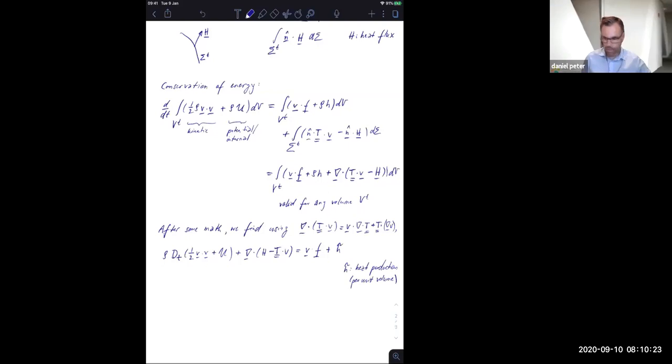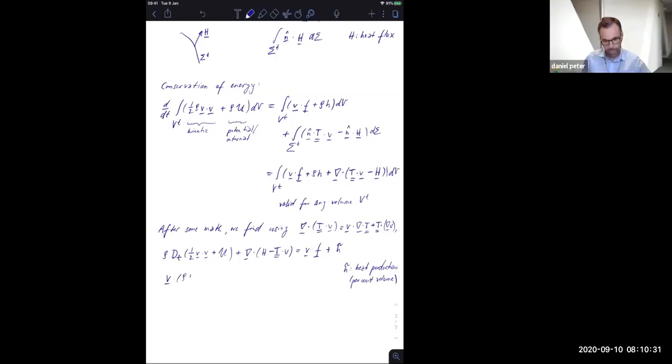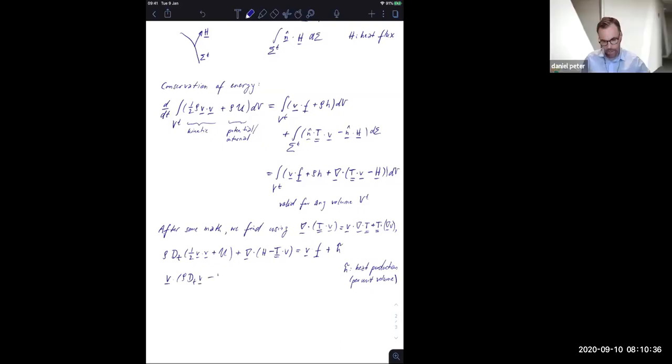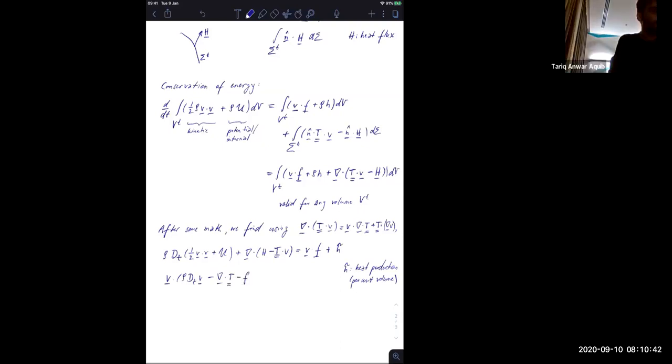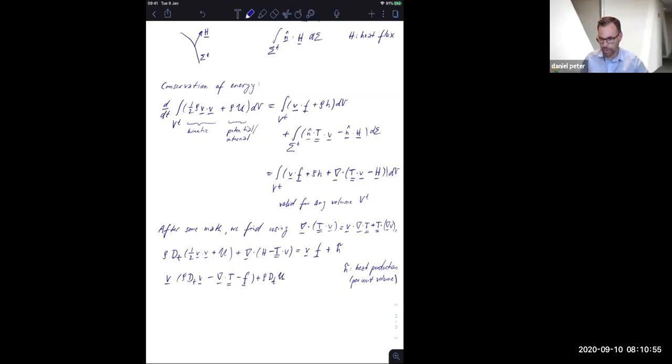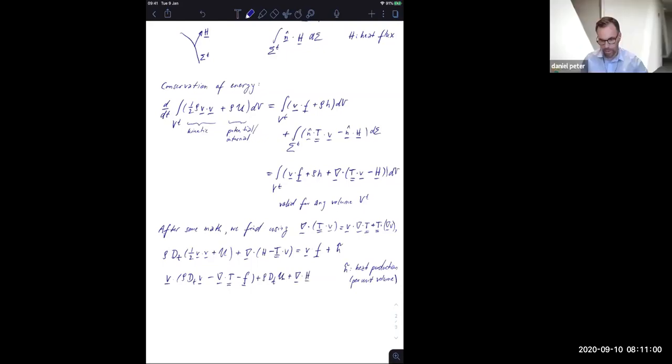So we rewrite these terms on the left-hand side a bit more. Let's see. We have then V times rho, the material derivative of V, minus the divergence of the stress, minus body force, plus rho times the material derivative of the internal energy U, plus the divergence of the heat flux.